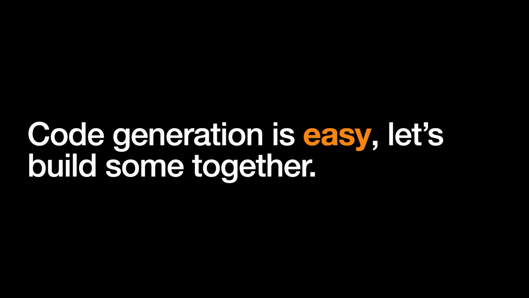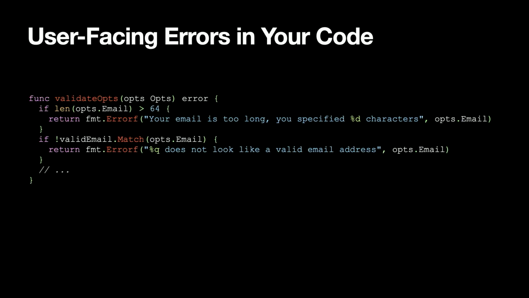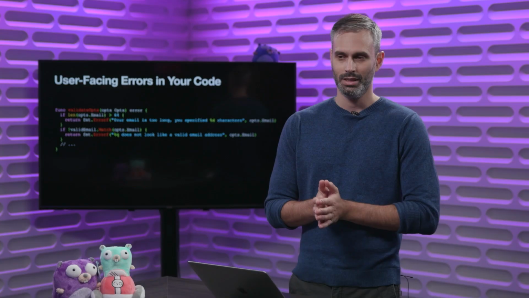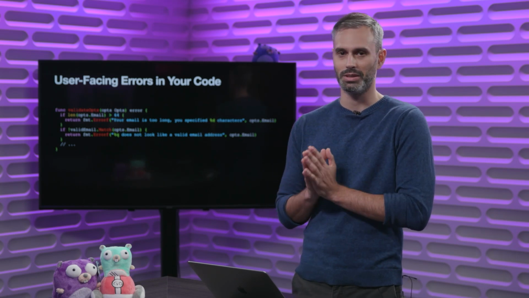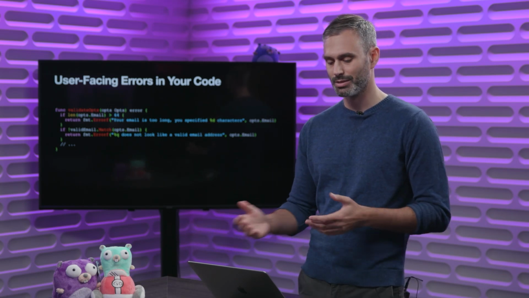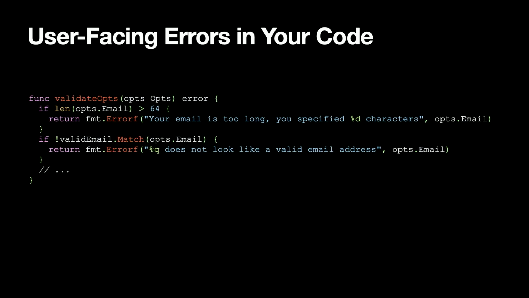We're going to motivate it with a very practical use case that we have at ngrok, actually, which is user-facing errors. What I mean by user-facing errors is I want you to imagine that you are implementing a piece of a web service application, something really simple where you have to take in an email address. And as part of working with that email address, you obviously need to validate it.